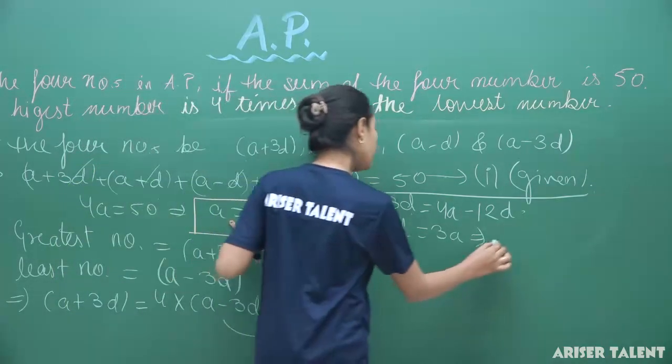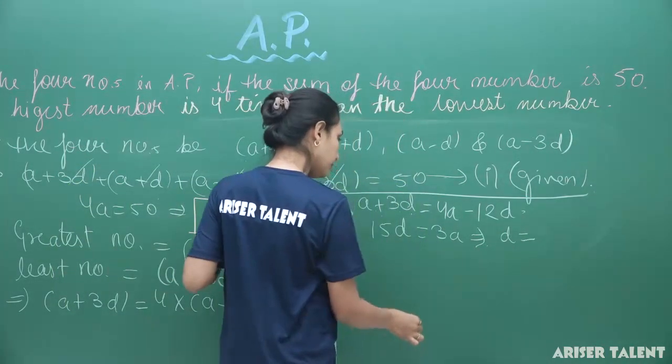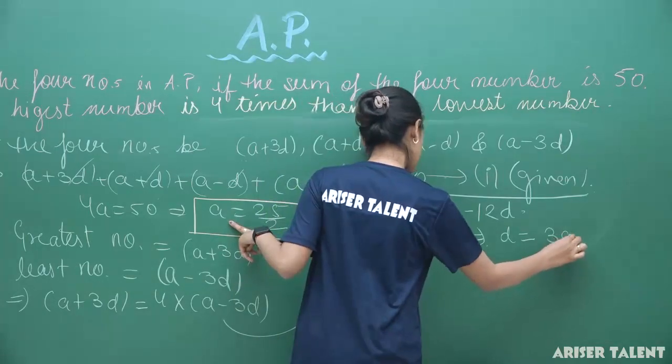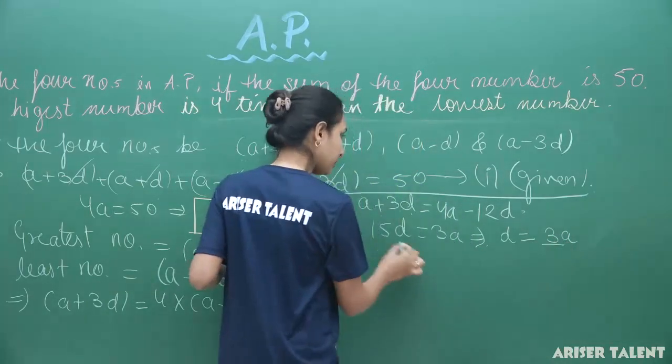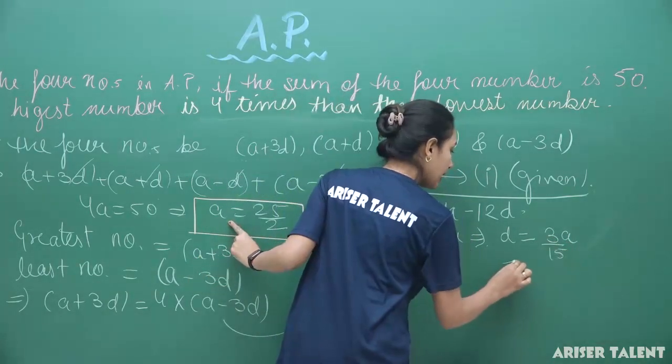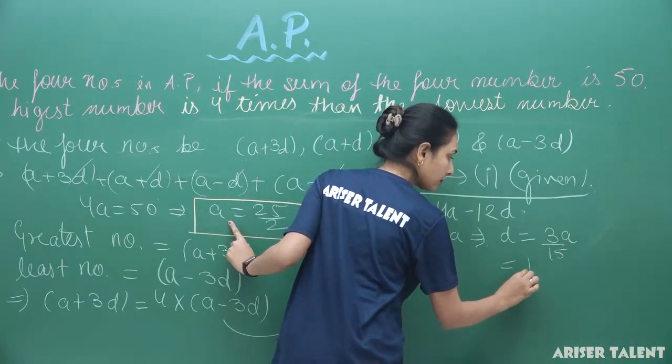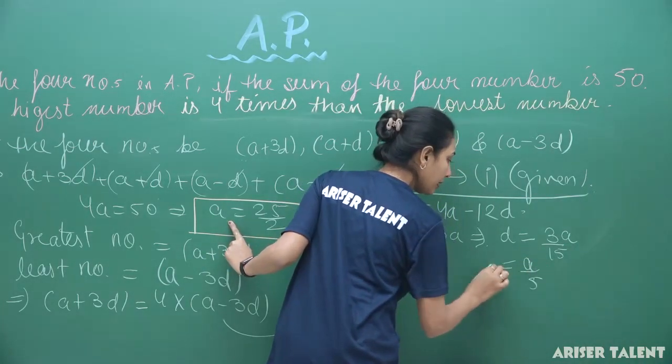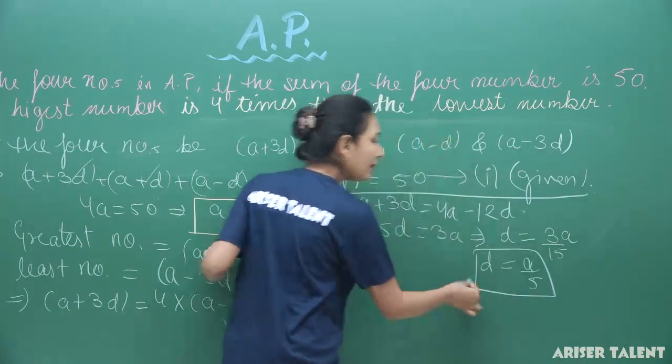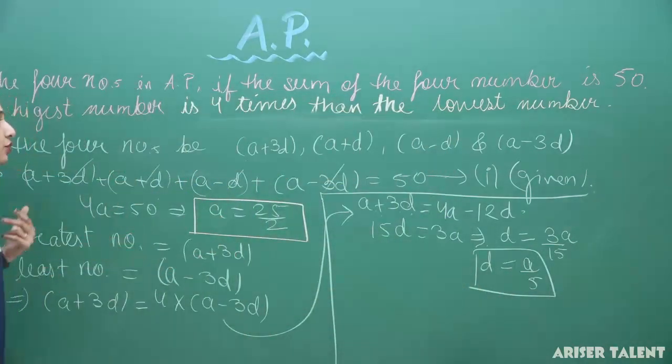The value of d equals 3a upon 15, so that will be a by 5. D equals a by 5, or you can say that a equals 5d, right?